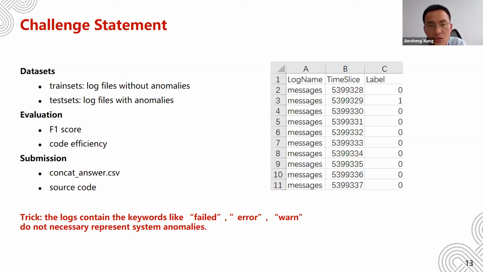These two anomalies appear in both test sets. The test sets contain two logs, one is message and another is seismometer, and server power down and insufficient memory are all contained in the logs.